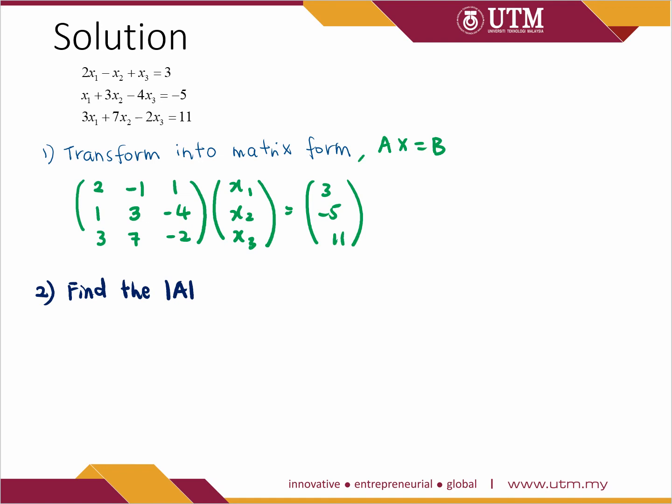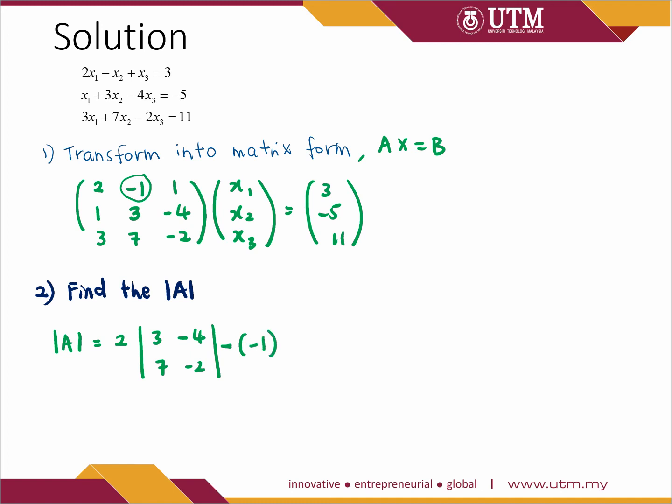To find the determinant of matrix A, it is 2 times the determinant of 3, negative 4, 7, negative 2. And then for the second part, the sign should be negative, multiplied with A12, which is negative 1.